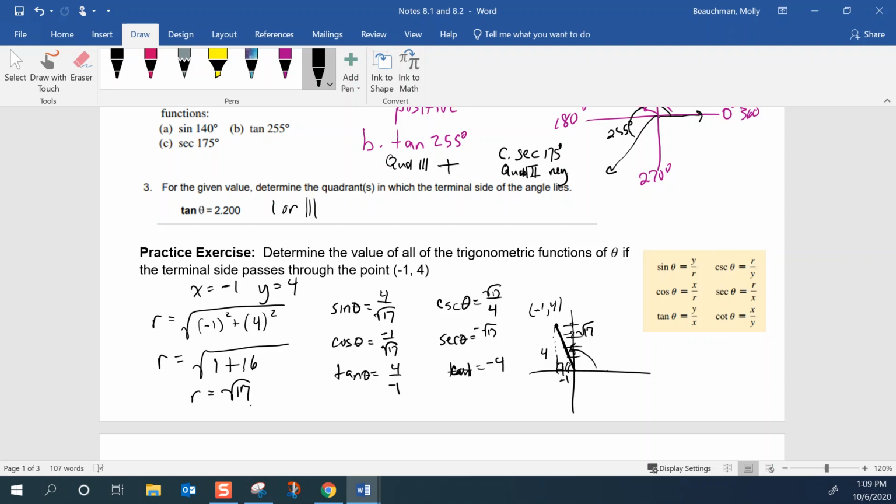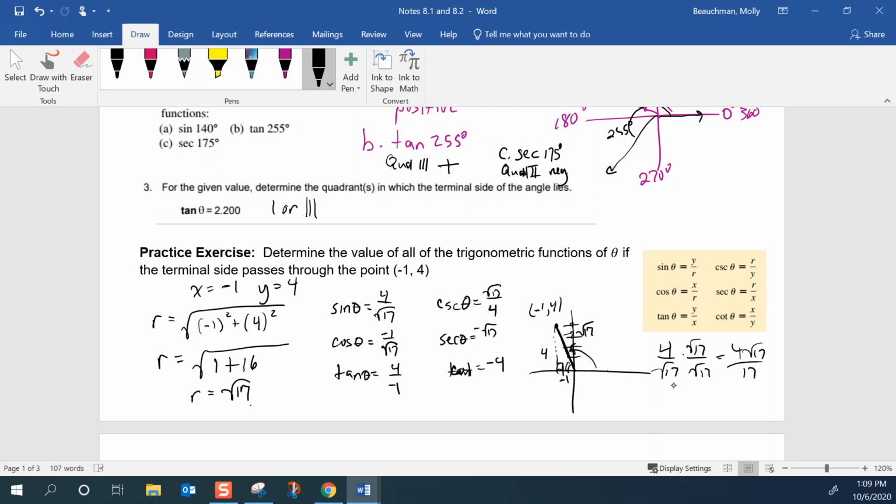All right, so if you need to get these in decimal notation, you can do that. I'd set them up first and then plug them in the calculator. If you need these without showing a radical in the denominator, there's something called rationalizing the denominator. You may or may not need to do that, but if you do need to, for the sine, 4 over the square root of 17, rationalizing the denominator means multiply the numerator and denominator by the square root of 17 to get a rational number on the bottom.